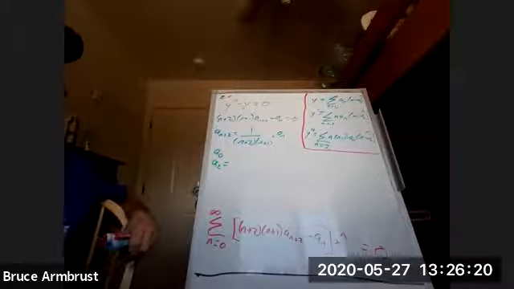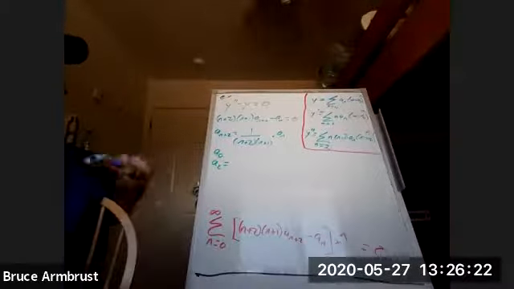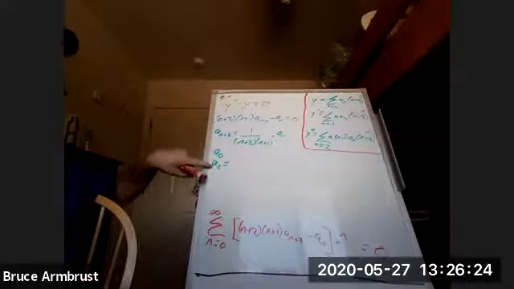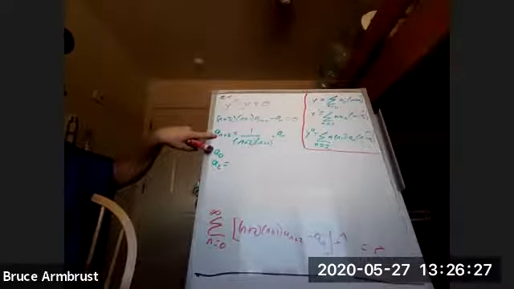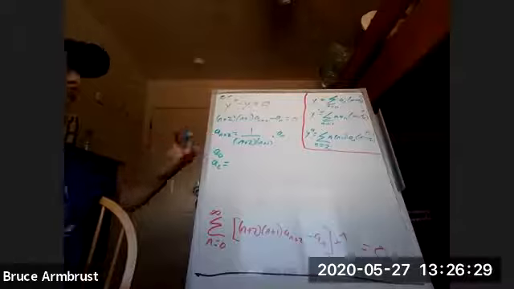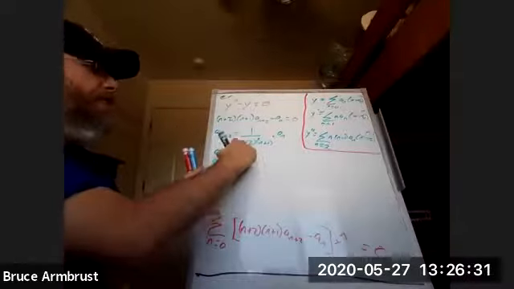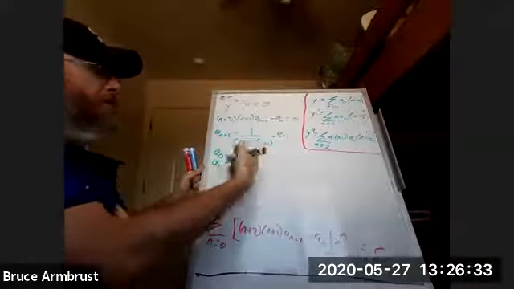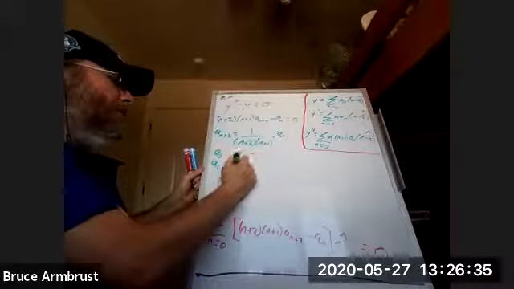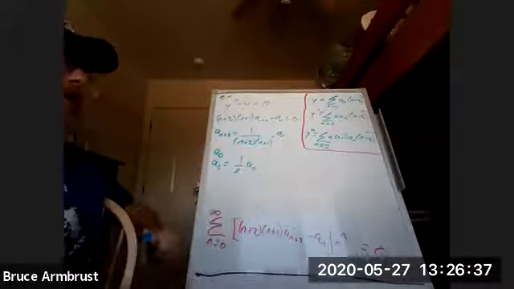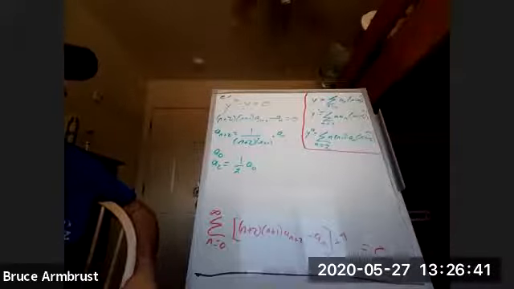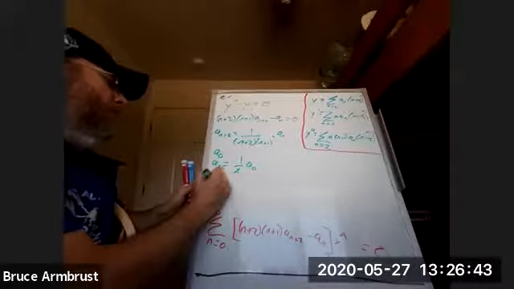So what's A2 going to equal? Well, that's what we get if we plug in 0 for n. So we're going to get 0 plus 2 times 0 plus 1, which is 2. So we're going to get 1/2 A sub 0. All right, what about A4?